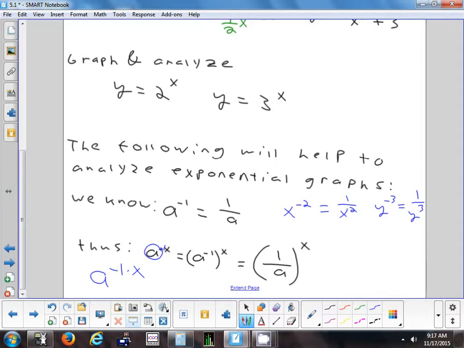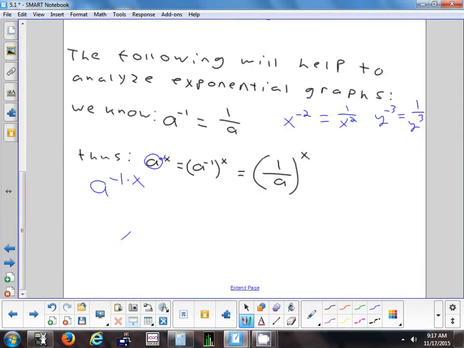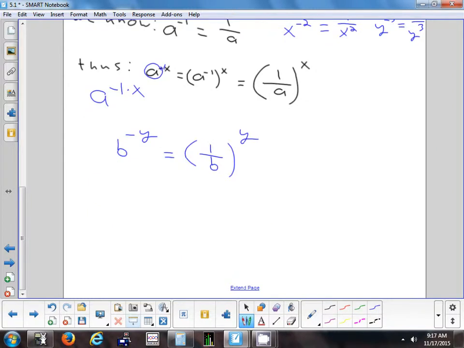All right, so let's say I had b to the negative y. If I wanted to make it a positive exponent, what do I do with the b? You just flip it. That's it. Just take your base, flip it, and it makes it positive. Right? Try one with a number.